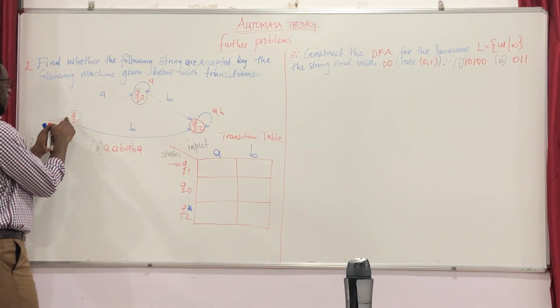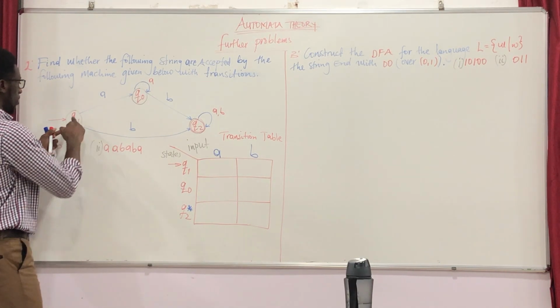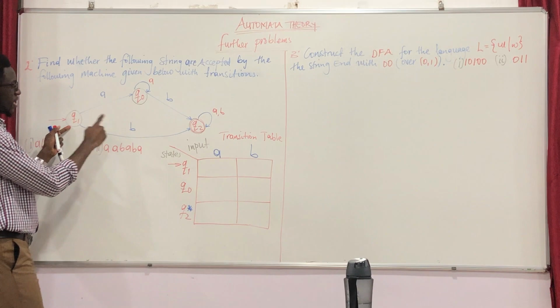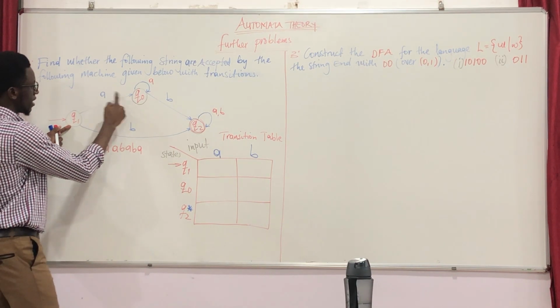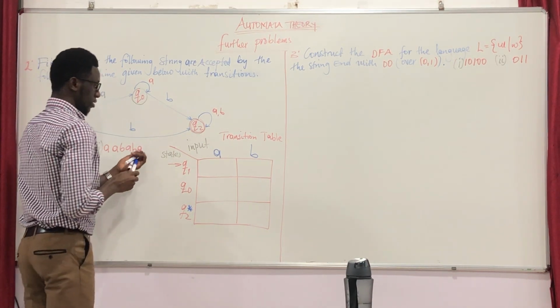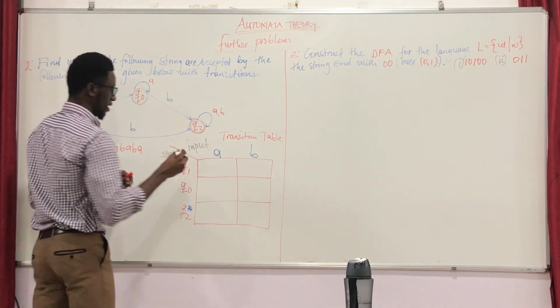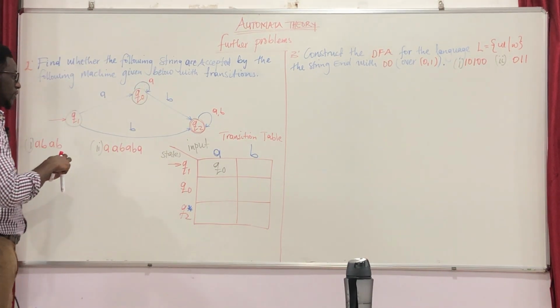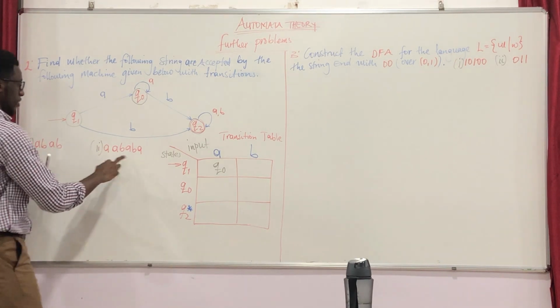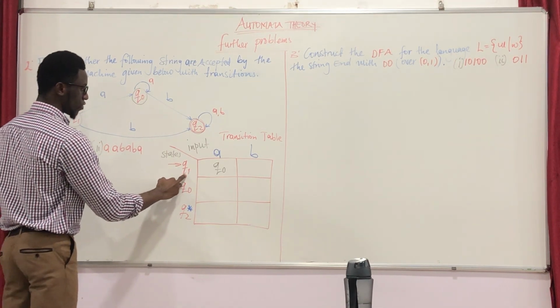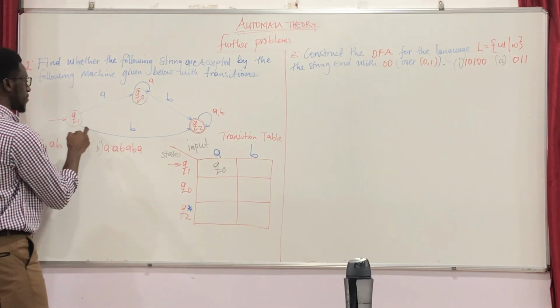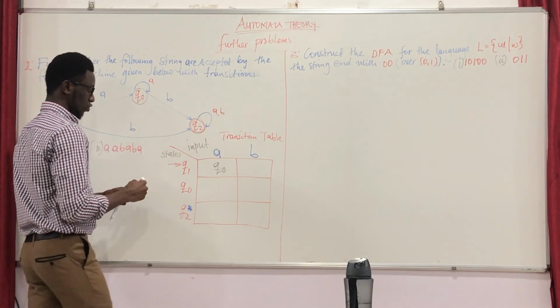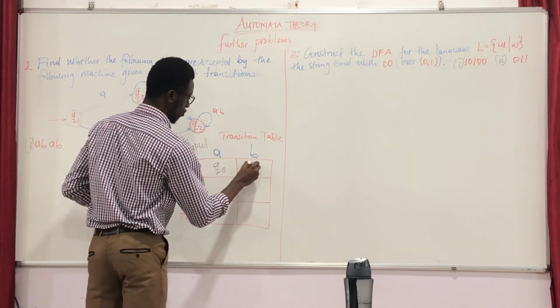We'll check from here. Q1A is Q0; you can see the arrow here. Therefore, our Q1A is Q0. Then Q1B: Q1B is Q2.